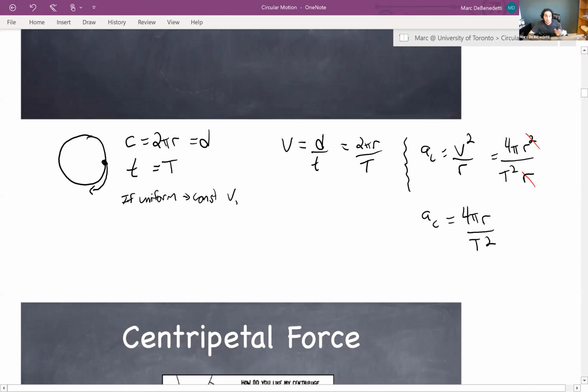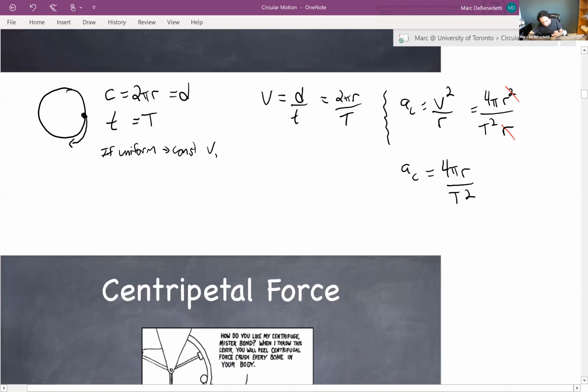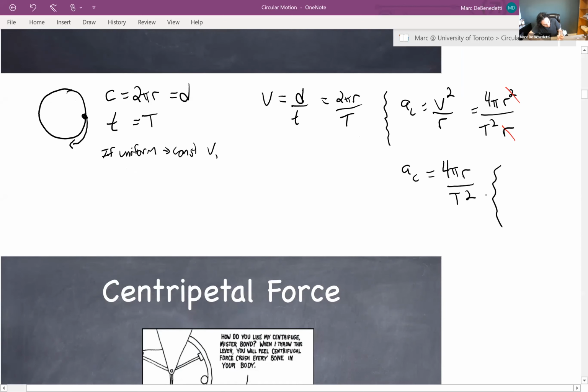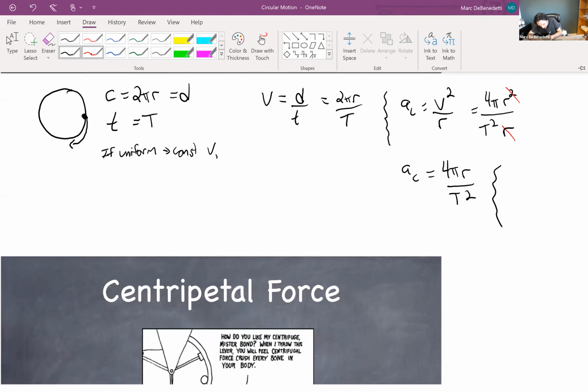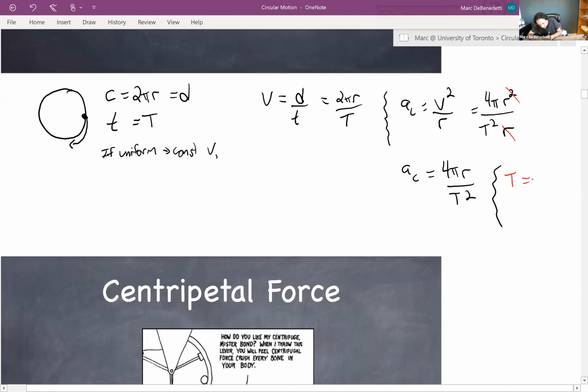And another rearrangement, again, depending on what kind of quantities we have versus what other quantities we need, is this: we also know that period is not just inversely proportional, it's the inverse of frequency. So if the period is 2 seconds, then my frequency is 1/2. I complete half a cycle per second.